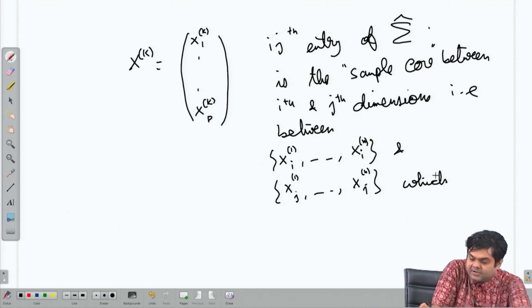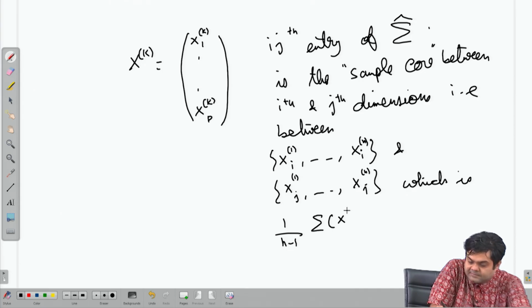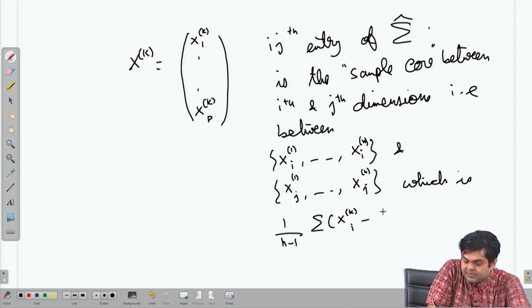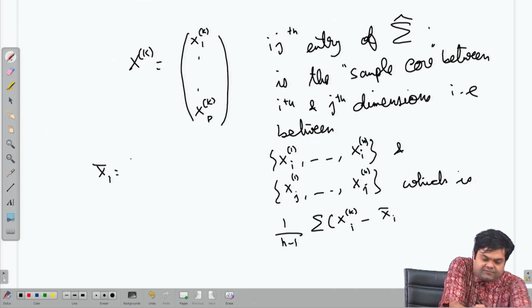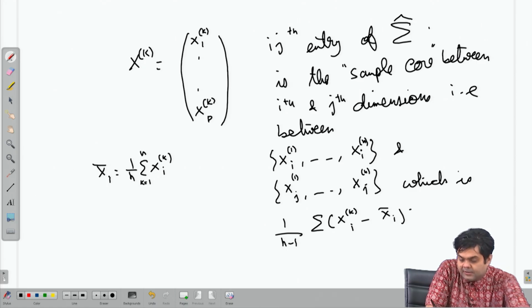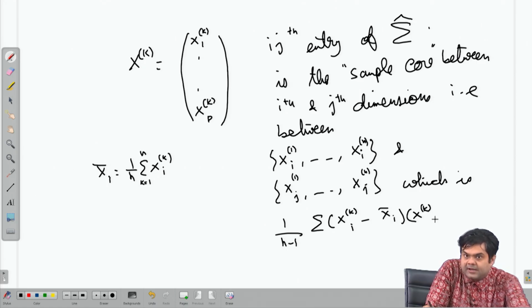In this case we take that to be 1 over n minus 1 times the summation over k running from 1 to n of (x_ki minus x bar i) times (x_kj minus x bar j), where x bar i is the mean of the ith coordinate, x bar i equals 1 over n times the sum of x_ki.